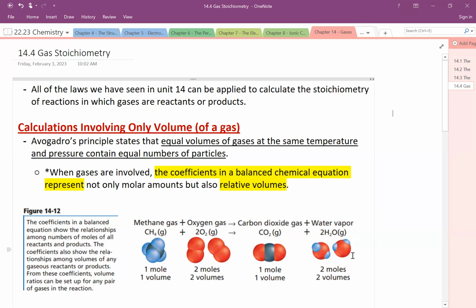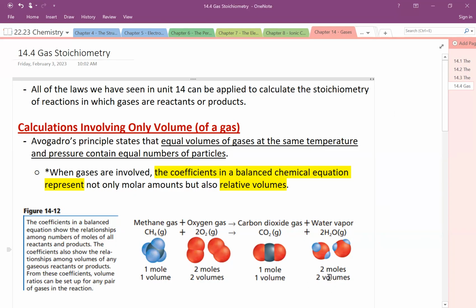Well, because these gases have the same number of particles per volume, I can also say that if I take 1 volume unit of methane and combine it with 2 volume units of oxygen, I will form 1 volume unit of carbon dioxide and 2 volumes of water.